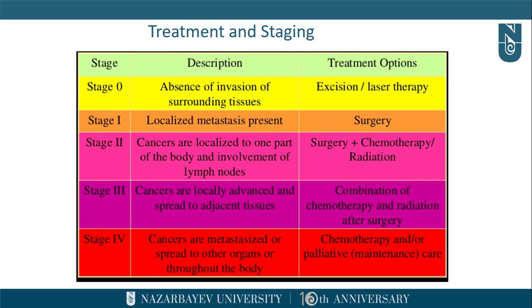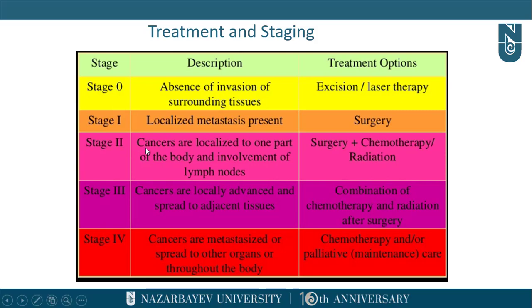If the result says that it's quite malignant, then the doctor will take out more of the tissues in order to be sure that the cancer cells have been removed.